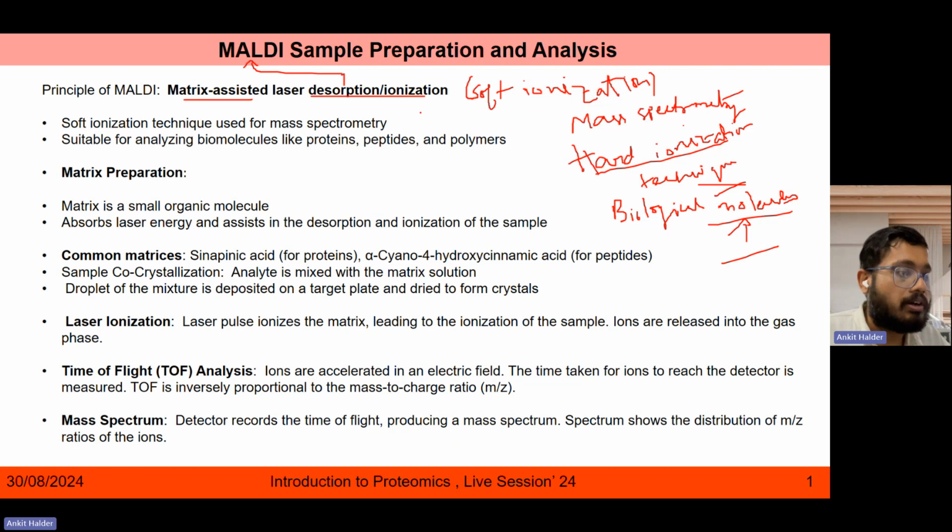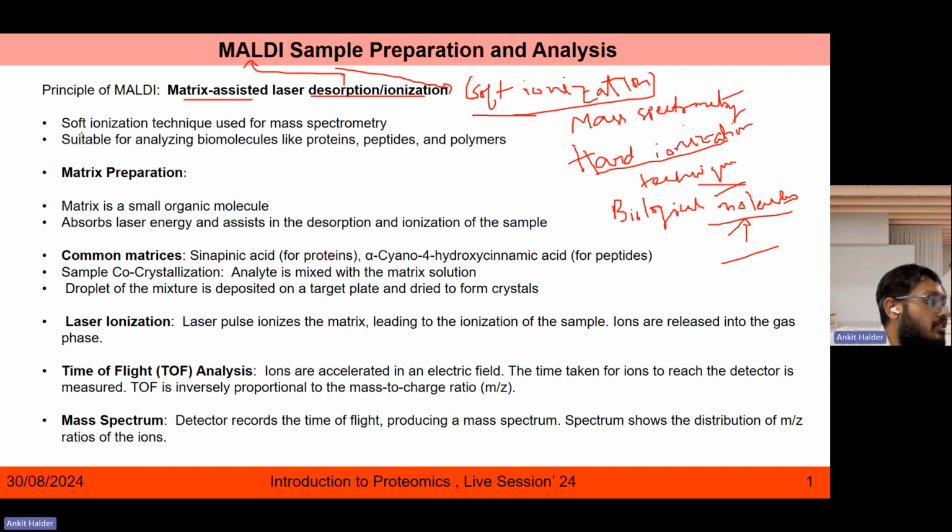So when the ionization procedure could be controlled, that is the soft ionization technique, we could analyze them. Using MALDI, the ionization can be controlled, and we can analyze the proteins and peptides.